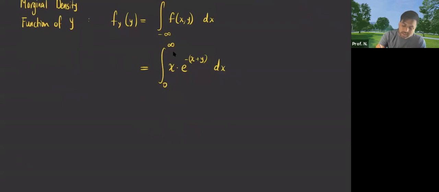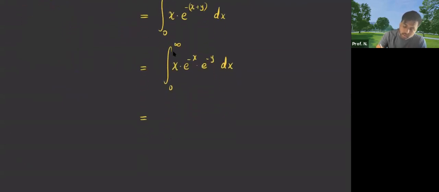And I'm going to do the exact same thing. x times e to the negative x times e to the negative y dx. But now the y is what's going to be treated as a constant. And so I can place that expression with the y variable out in front of the integral. And this becomes the integral from 0 to infinity of x times e to the negative x dx.